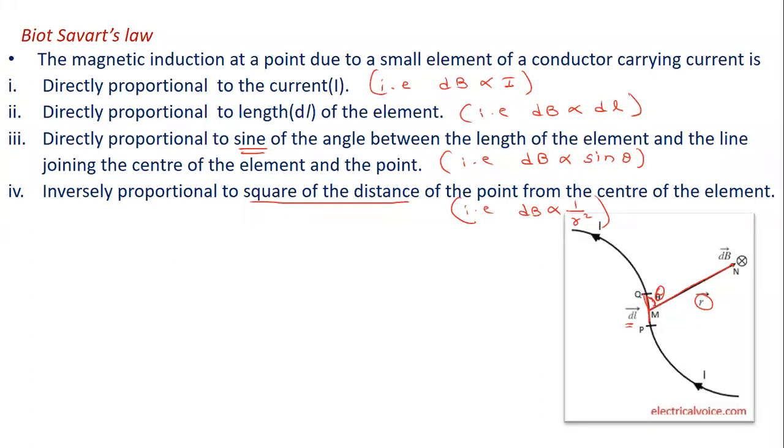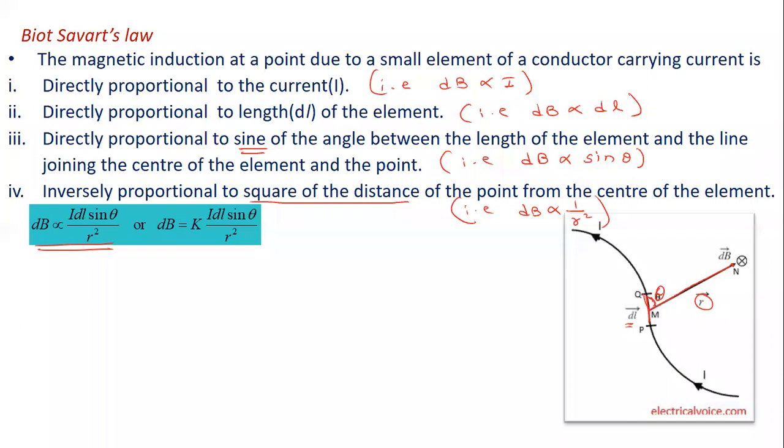Now let me combine it. So we get here the Biot-Savart law. And it is dB proportional to I dl sine theta.